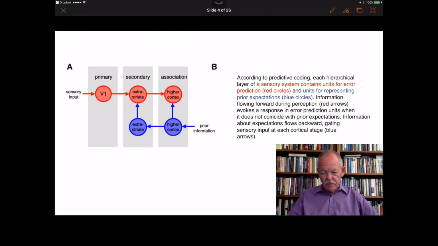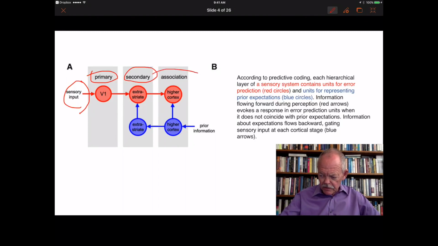So here then is a schematic. We have sensory input coming in here, for example, to the primary visual cortex V1. And this is the area that the paper that we will discuss, in fact, examines in fine detail. Now, there are some other secondary inputs here, of course, in higher visual areas, the association areas, and two types of neurons are present, namely prior information neurons and error detection neurons.